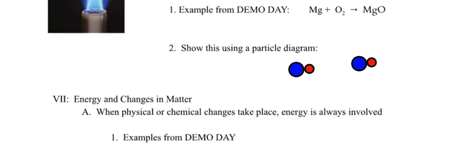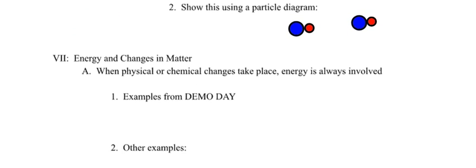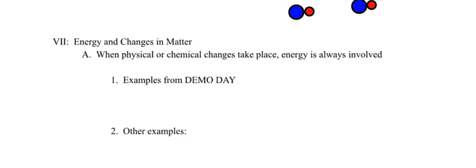When physical or chemical changes take place, energy is always involved. So what are some examples from demo day? I seem to have energy in every single one of those, didn't I? You can write this down. I had the light, that bright, bright light with the magnesium. I had that heat from the ethanol, the film canister.